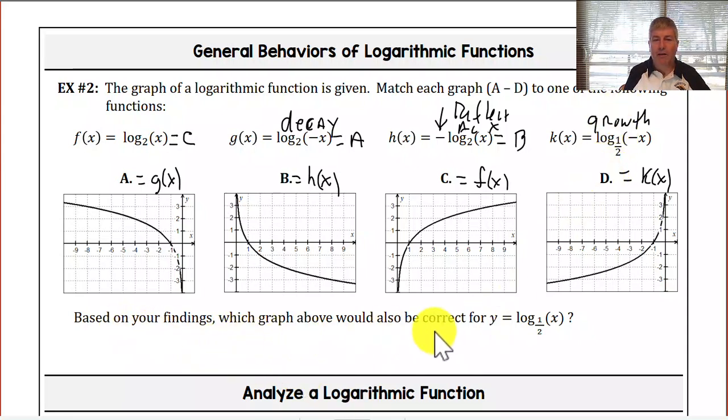Based on your findings, which graph above would also be correct for y equals log 1/2 of x? And that would be b. So g of x is also log base 1/2 of x.